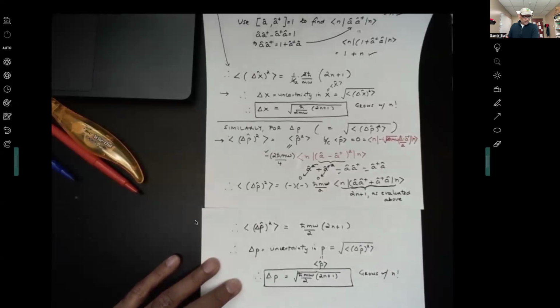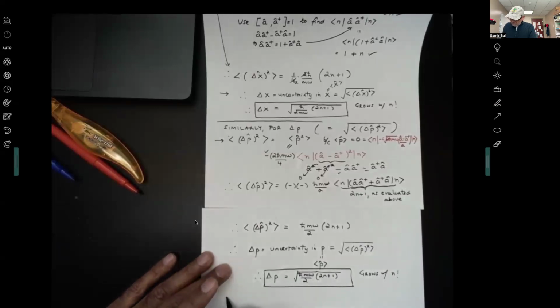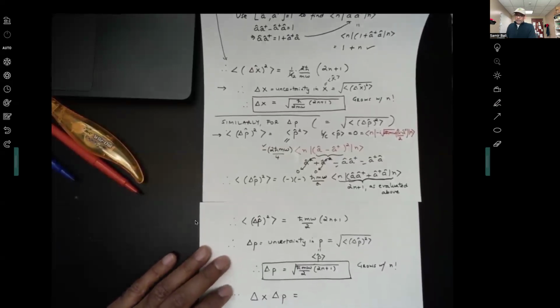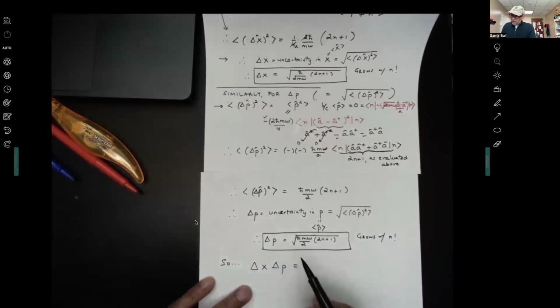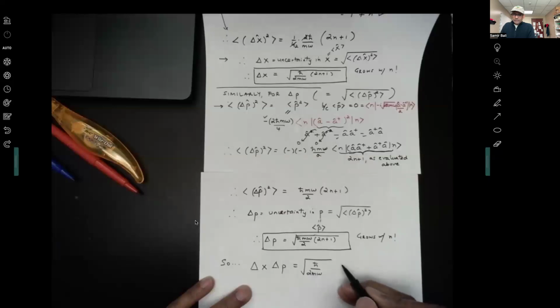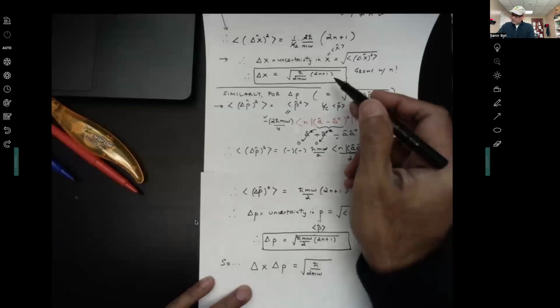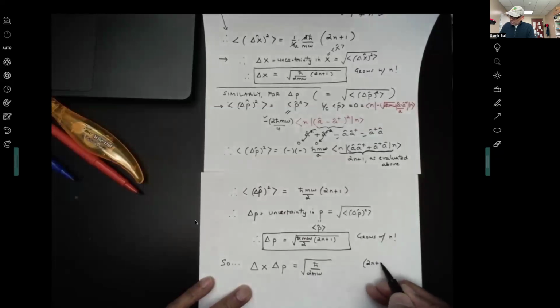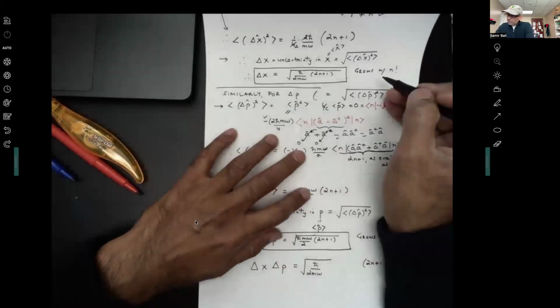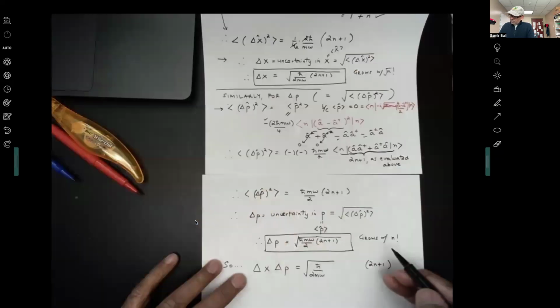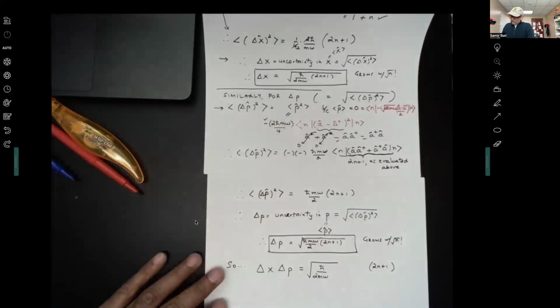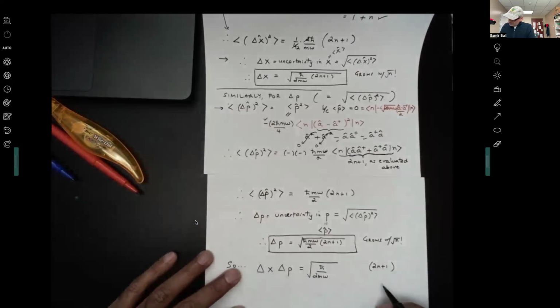Now we can put our results together. Delta x delta p is equal to what? I have the delta x sitting up there, and you can see things are going to cancel, times the square root of 2n plus 1, so I'm going to get 2n plus 1. By the way, delta x grows with the square root of n, and delta p goes with the square root of n, so the product will grow as n.